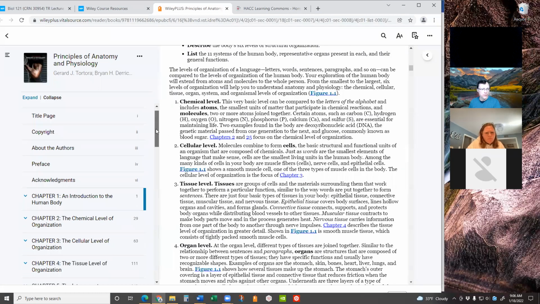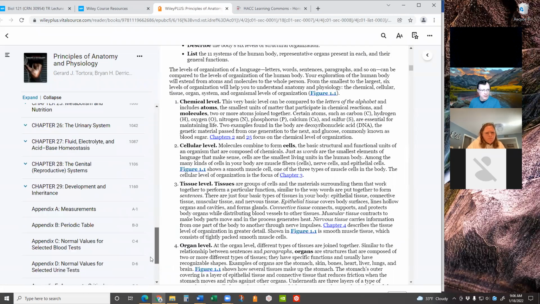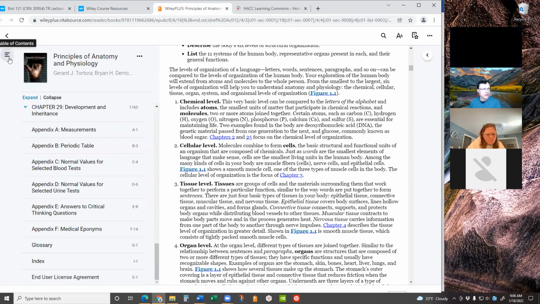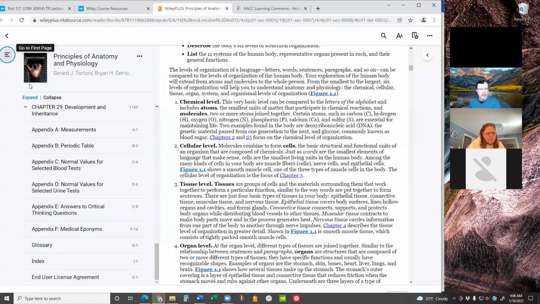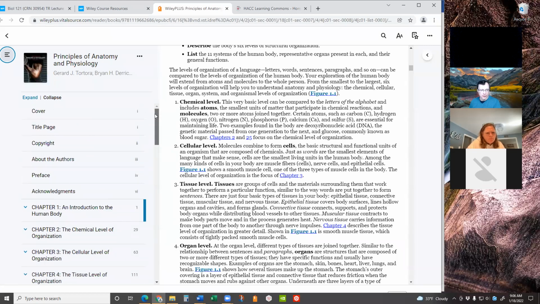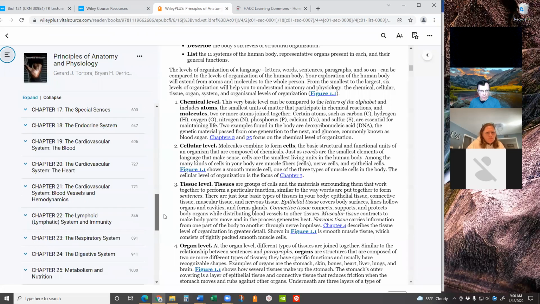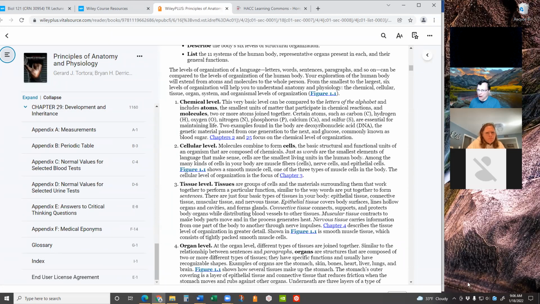Let's see here. It's been some time since I've done this, but as I recall, in the left side window, there was an icon for downloading the textbook to your personal device so that you could access the textbook offline.